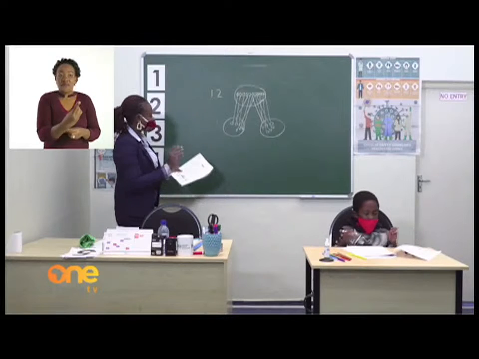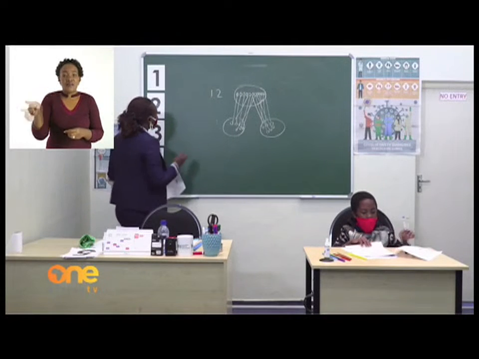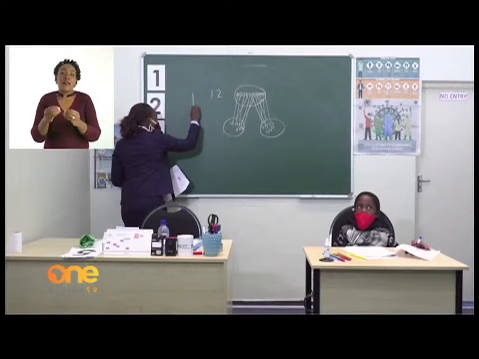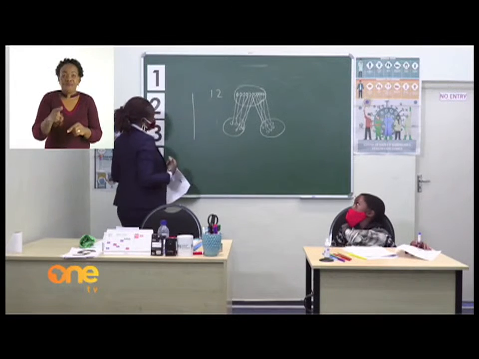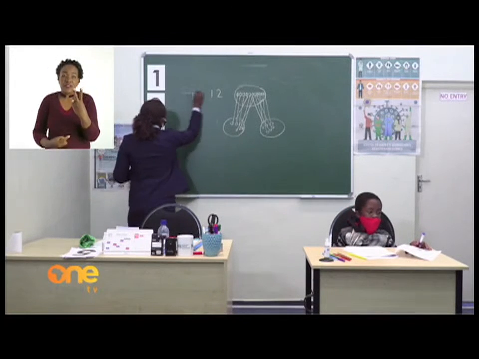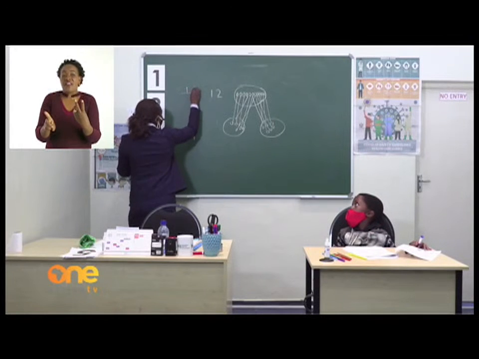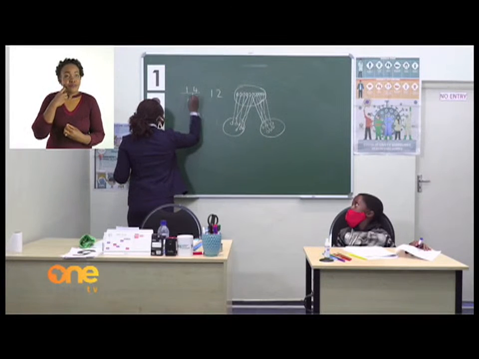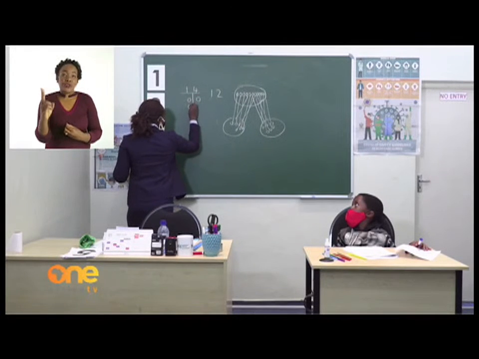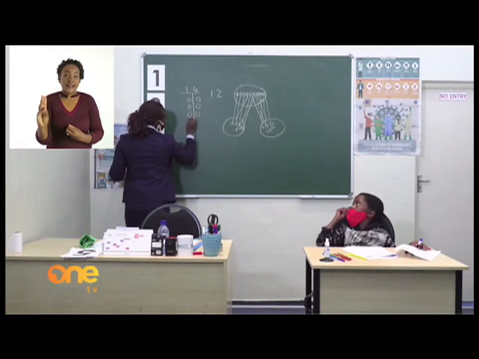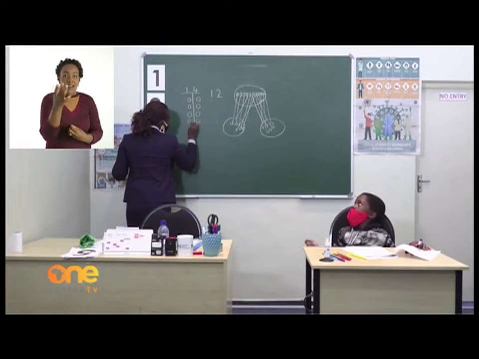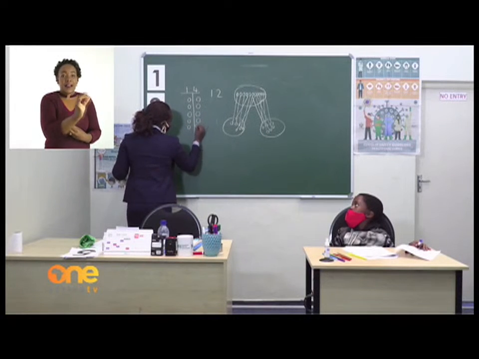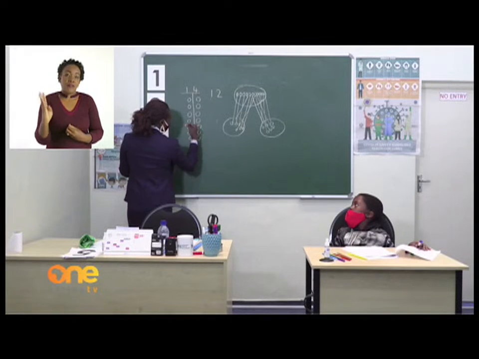And let me show you another method, the last one. We just draw a line. Now we want to share, let's say, 14 sweets. We count 1, 2, 3, 4, 5, 6, 7, 8, 9, 10, 11, 12, 13, 14.